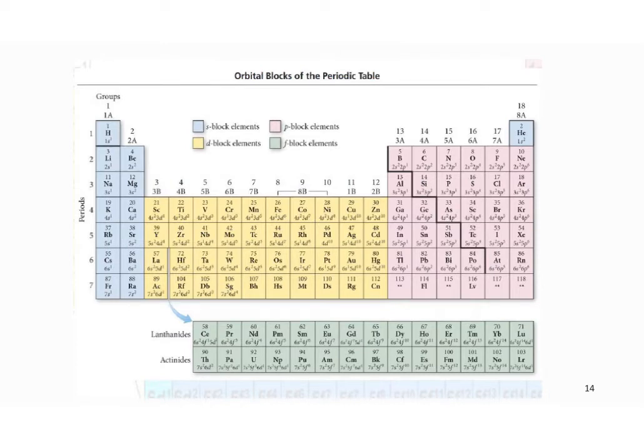Now, this is a really important part to understanding electron configurations and the ordering of elements in our periodic table. It's really kind of amazing. On the periodic table, we call the first two groups the S block. The transition metals we call the D block.